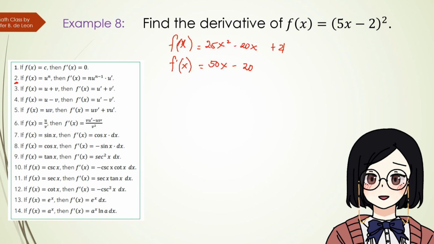So we get the derivative using the sum and the difference rules and some other rules. So we will have 50x minus 20.